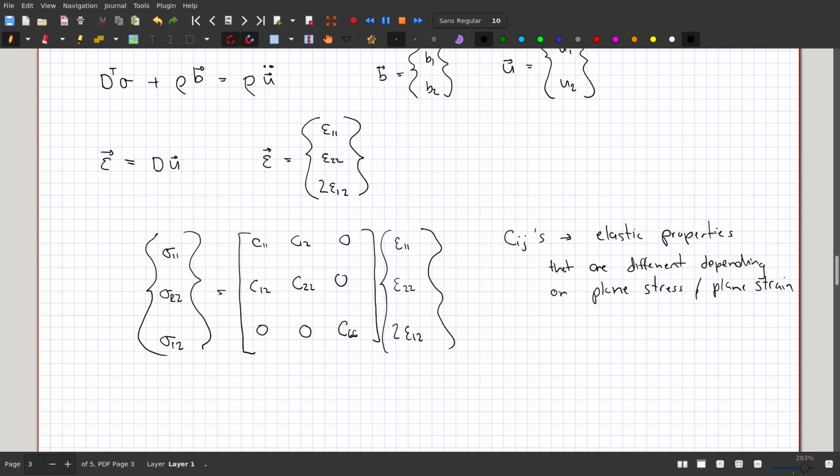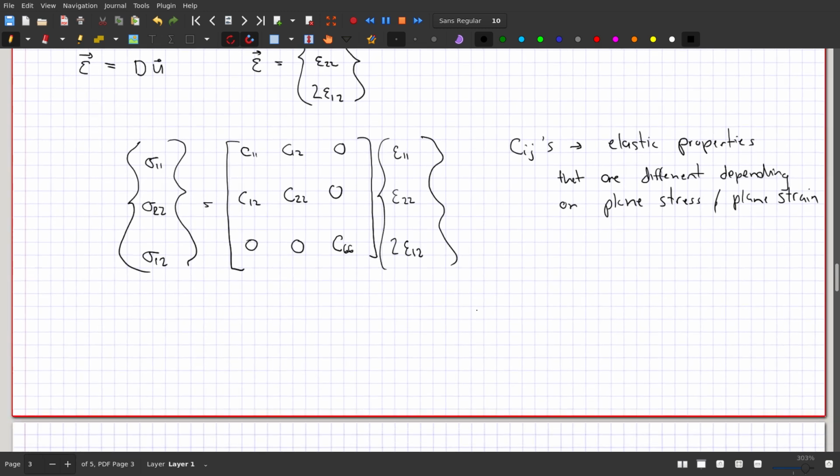Again, those would just be functions of like the Young's modulus and Poisson ratio, those things. We can look those up. But for now, we're just going to leave it in this matrix form so that we can write this stress is equal to C times epsilon.